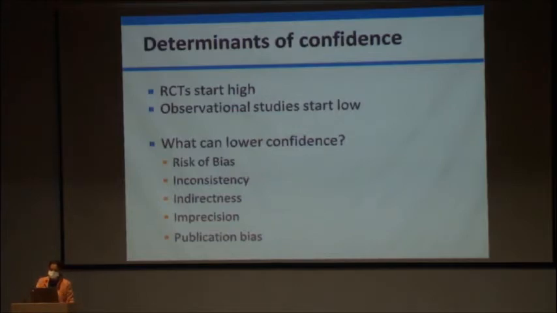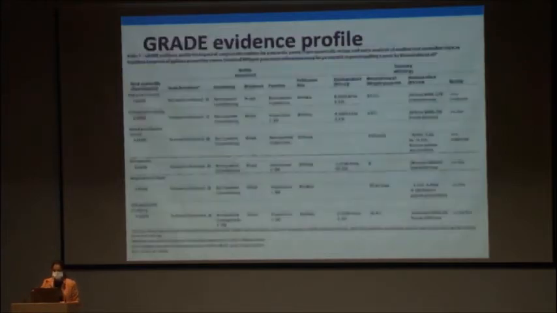But first, let me show you what this looks like when we have the product from the GRADE tool. So this is the evidence profile that we land up with when we apply the GRADE tool to a body of evidence. This was a GRADE evidence profile for the impact of surgical alternatives for pancreatic cancer.